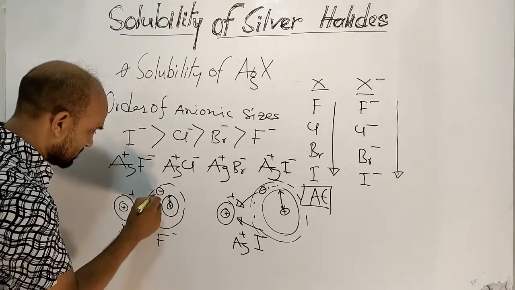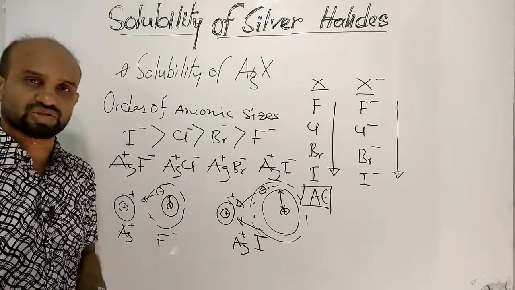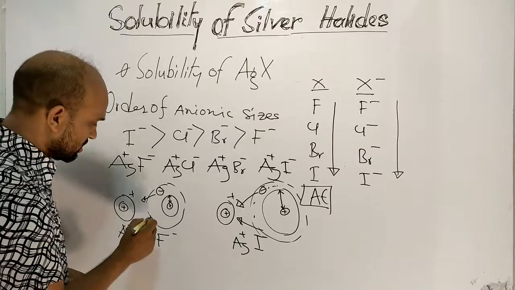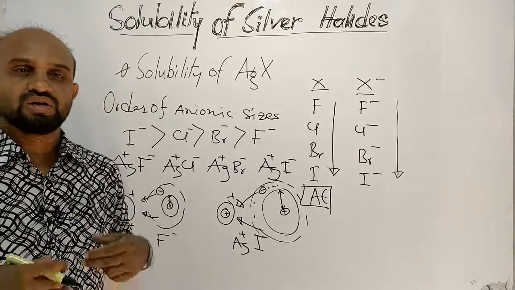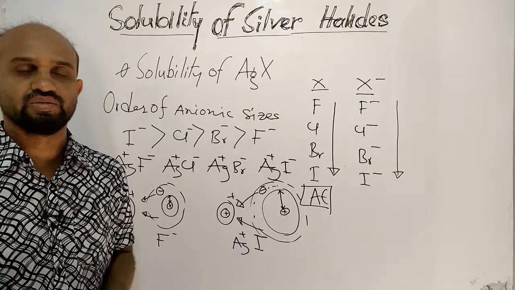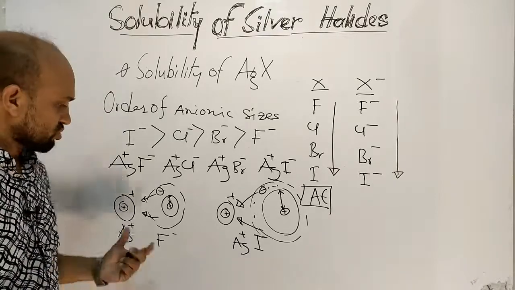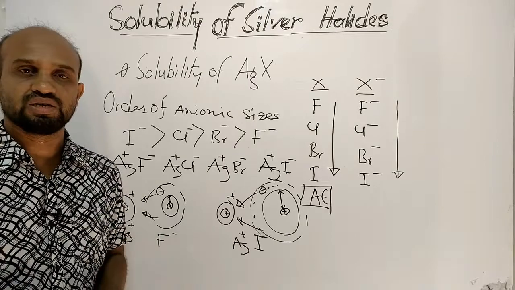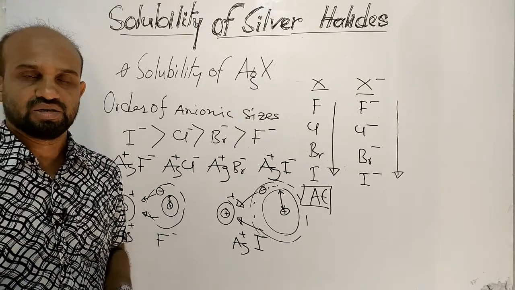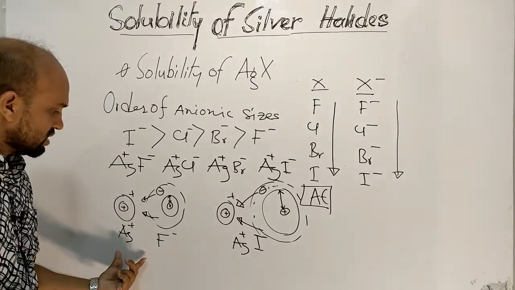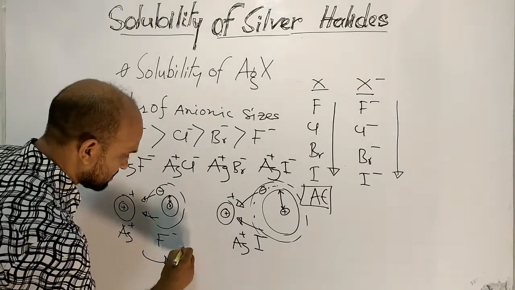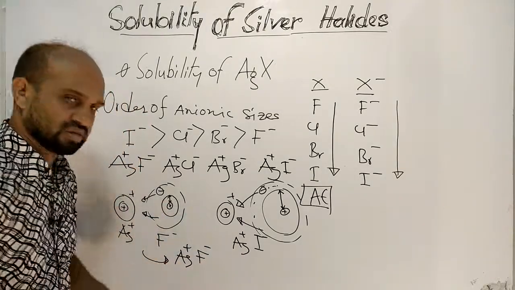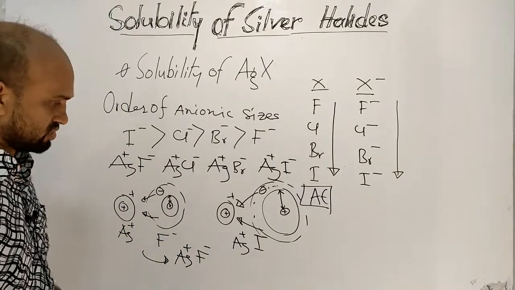But in this case, this electron cloud is strongly bonded to the nucleus. That is why polarization happens on an extremely limited scale. We can say here polarization is the least. That means this compound remains almost as it is, an ionic compound.